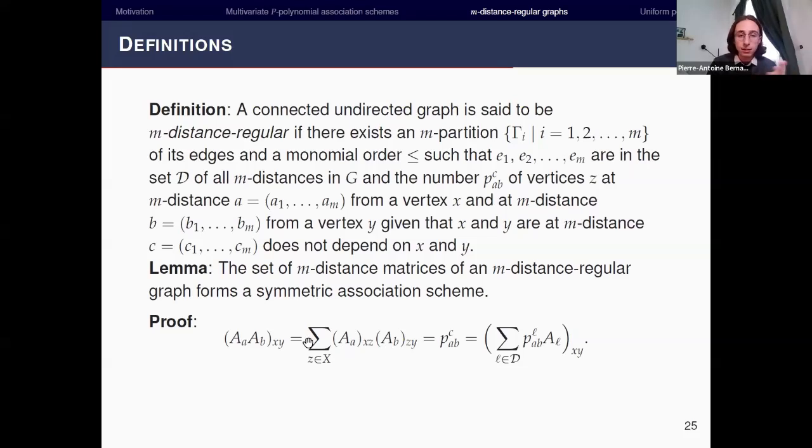You can split that by doing a resolution of the identity in between. And then this is just an argument of counting the number of z that verify the condition in the definition. This gives you the definition of the intersection numbers, and you can rewrite this in terms of a sum of these intersection parameters times the m distance matrices. So again, this lemma has basically the same proof as for distance regular graphs, but instead of using the distance, you use the m distance.